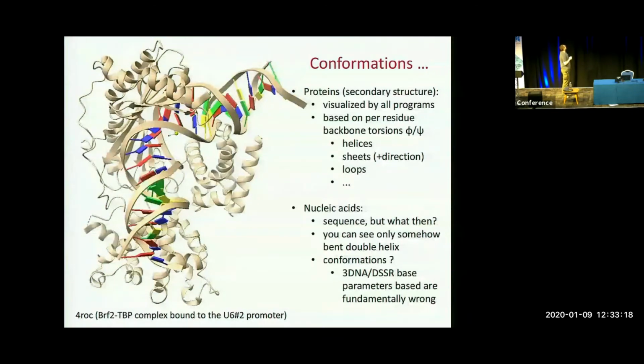You have to look at it and kind of decrypt that it's double helical something, DNA or RNA maybe, and it's bent. But basically the information about conformation we have is zero. There were or are some attempts to describe conformations based on these so-called base parameters, but I'm sorry, it's fundamentally wrong. You cannot really distinguish conformations based on these parameters.